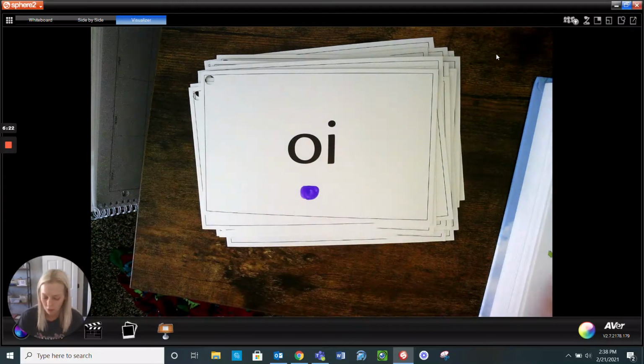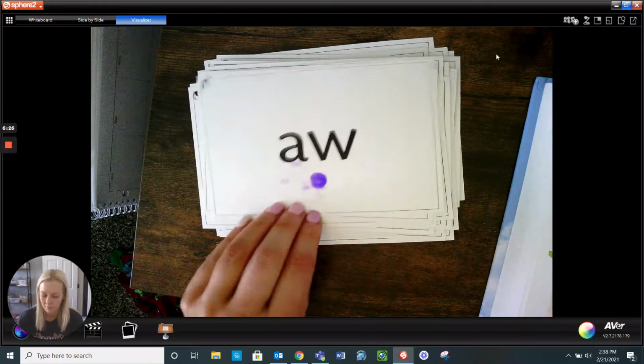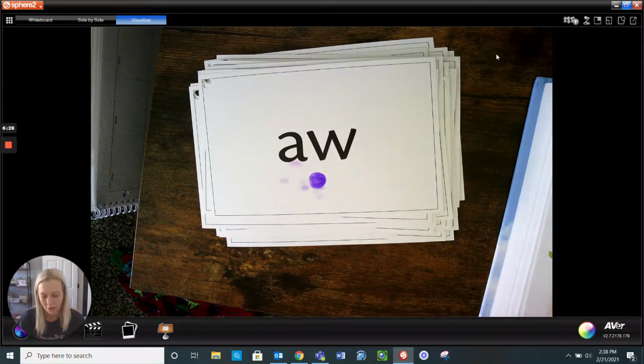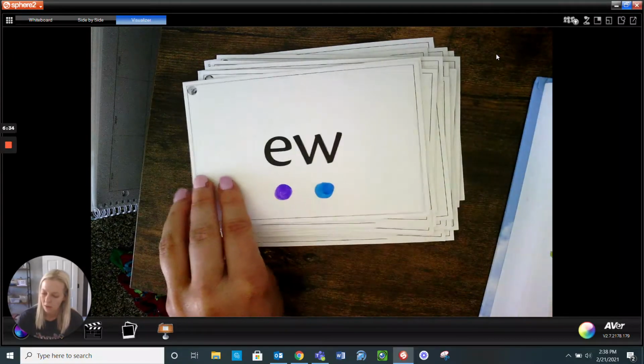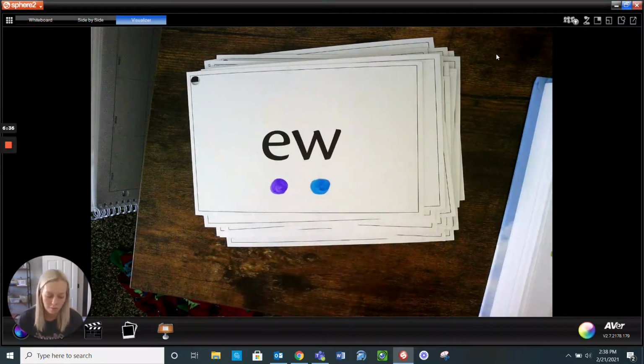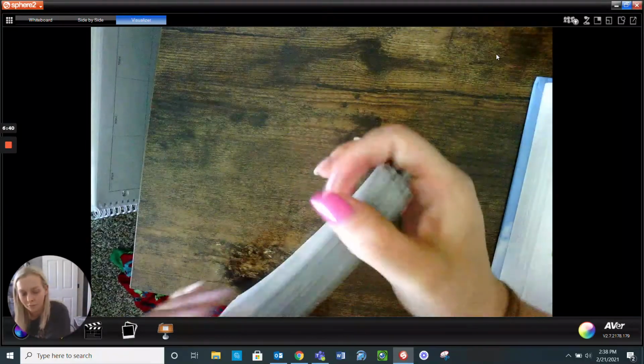Oi, two-letter oi, that may not be used at the end of English words. Ah, two-letter ah, that may be used at the end of English words. U, you, may be used at the end of English words. Awesome.